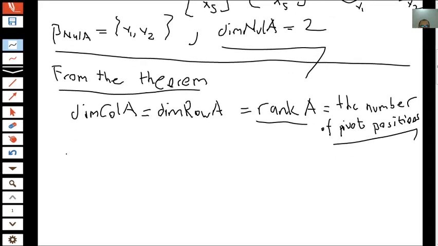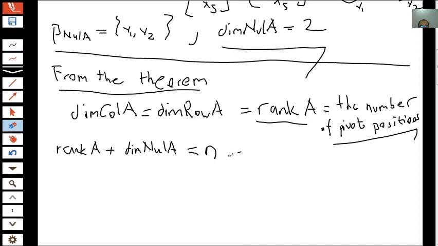And also we know from the theorem the addition of rank A and the dimension of the null space is equal to the number of columns.